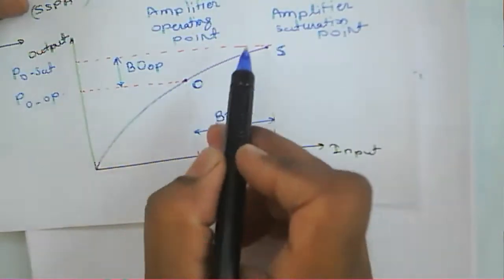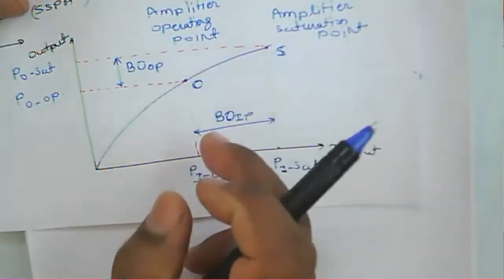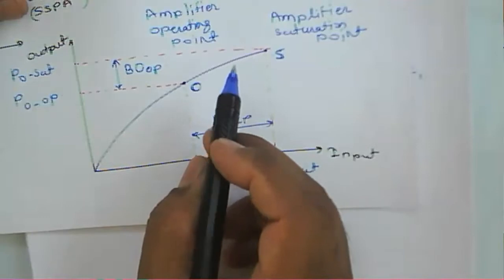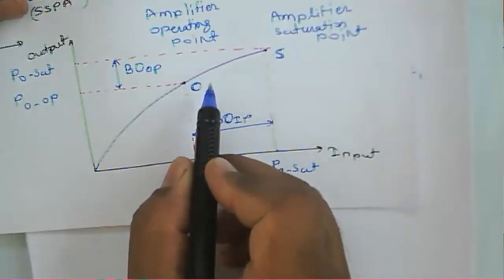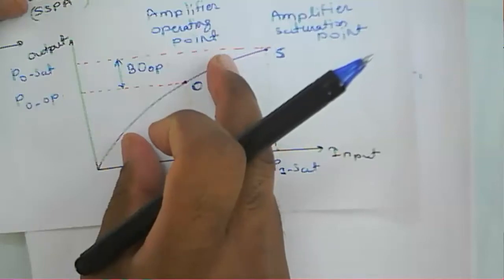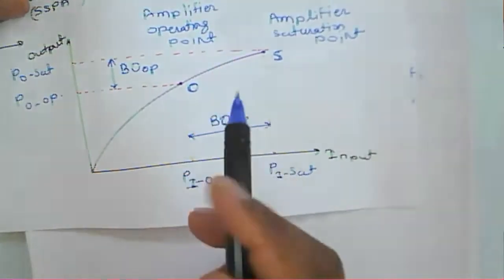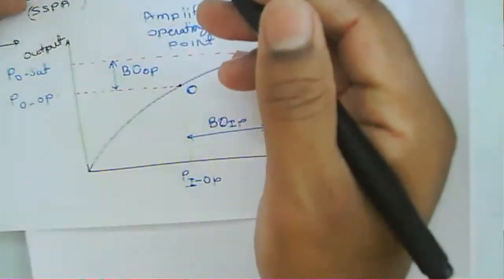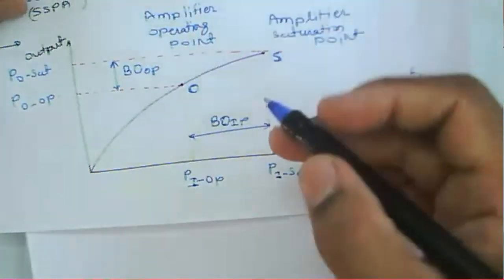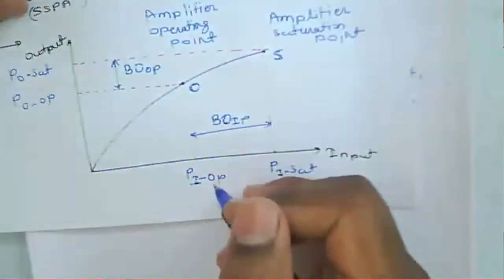So to avoid the saturation, the amplifier is to operate in the back off mode. Means the output power of the amplifier will be limited to a few dB below the maximum value, below the particular saturation value.